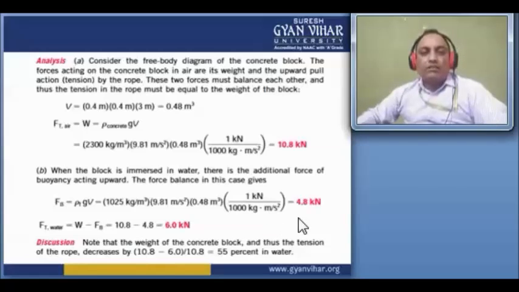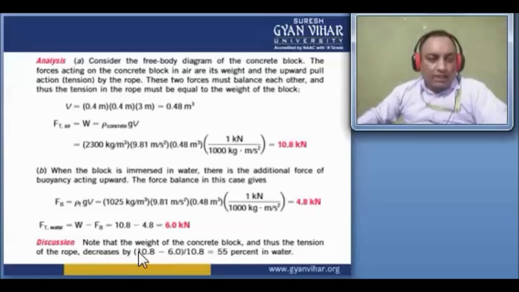This is equal to 4.8 kilonewton. Then the total force is Fw minus Fb, 10.8 minus 4.8, which is 6 kilonewton.